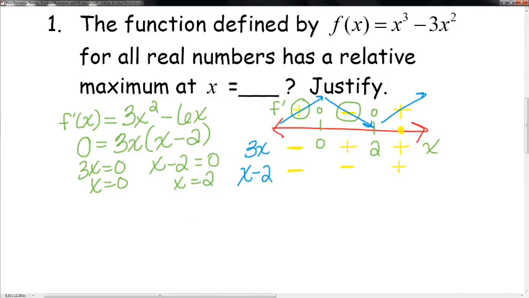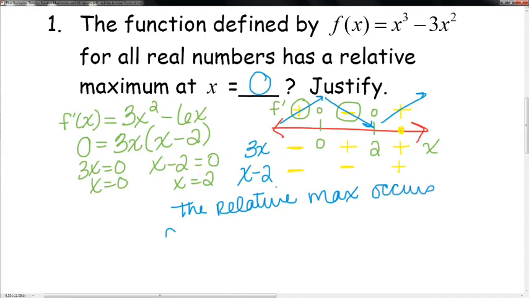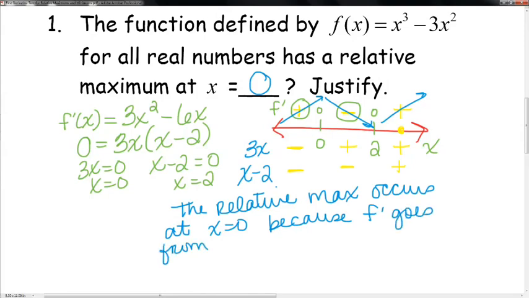So a relative max occurs at x equals 0. And this is the justification that they're looking for, because f prime goes from positive to negative.